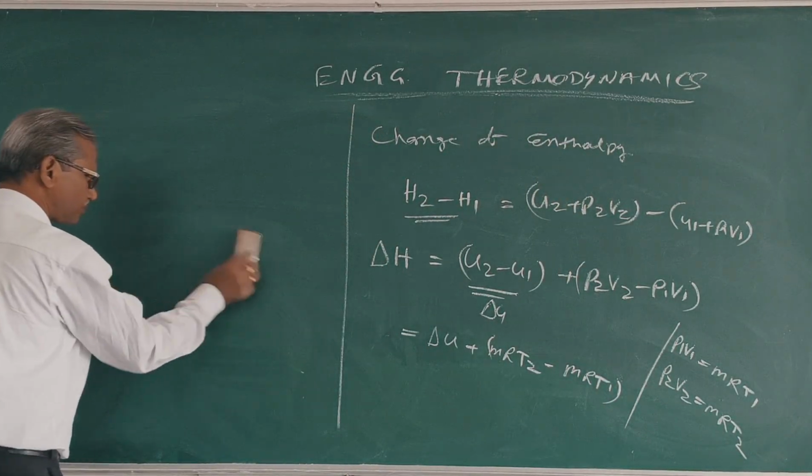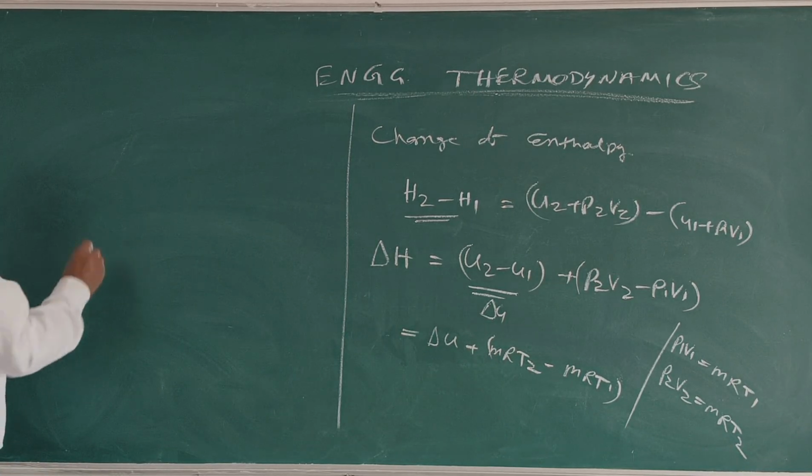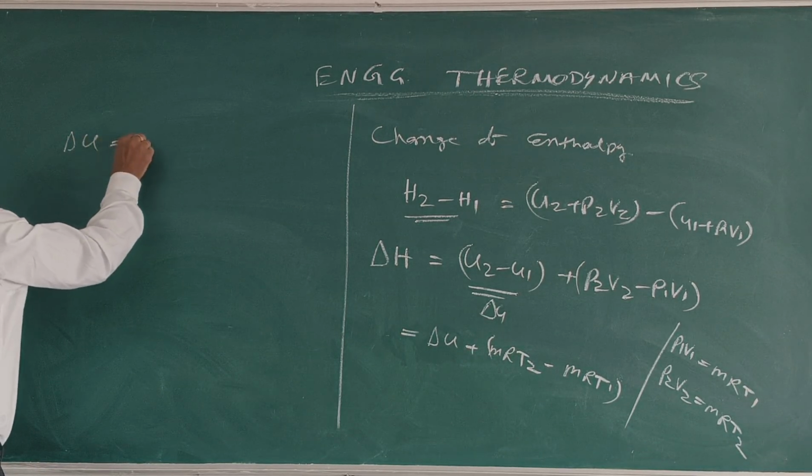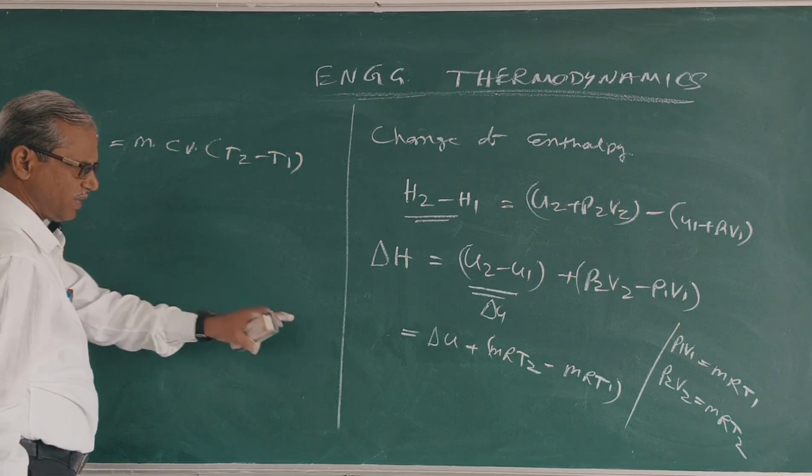Now, what is delta U? We have already derived delta U. What is del U? m Cv T2 minus T1. Put this value here.